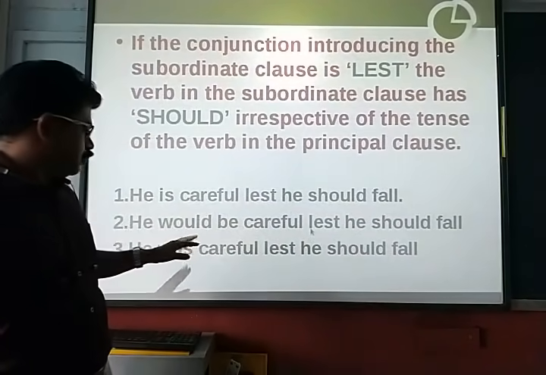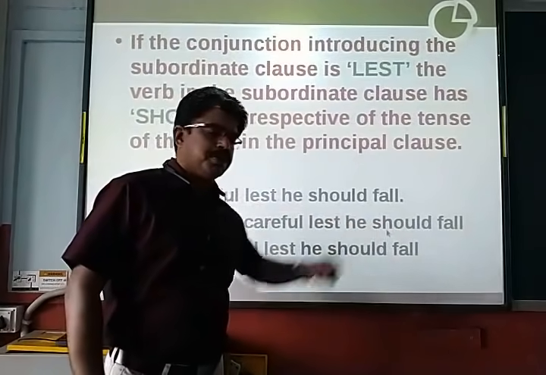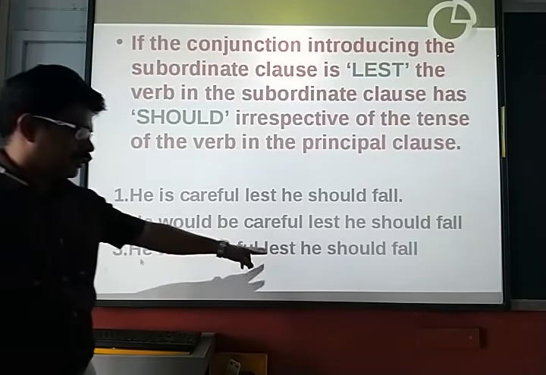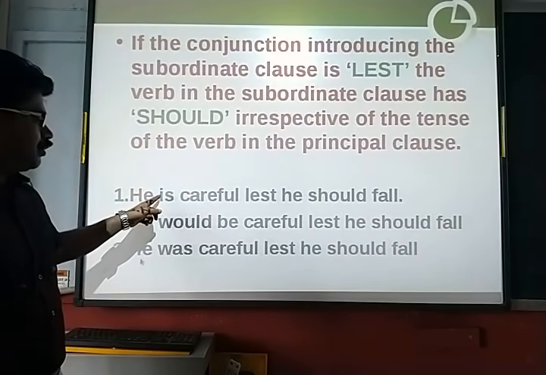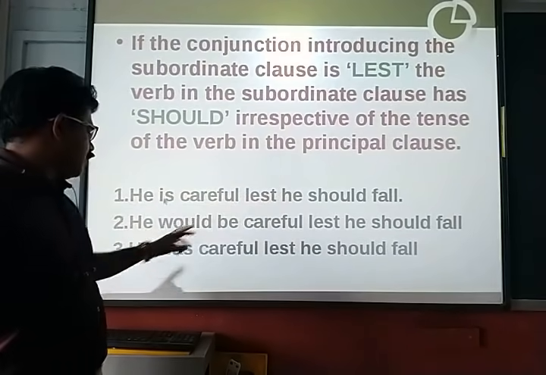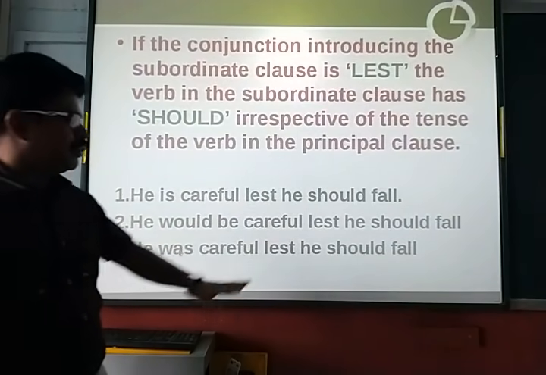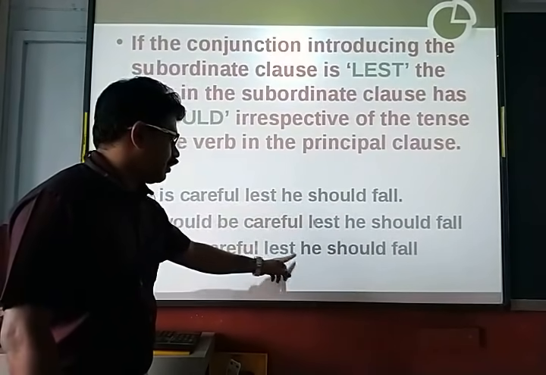Lest is used here, lest he should fall, so naturally should will follow. Now, he was careful lest he should fall. In all these sentences should is there, whether is, would or was. This is the deciding fact.